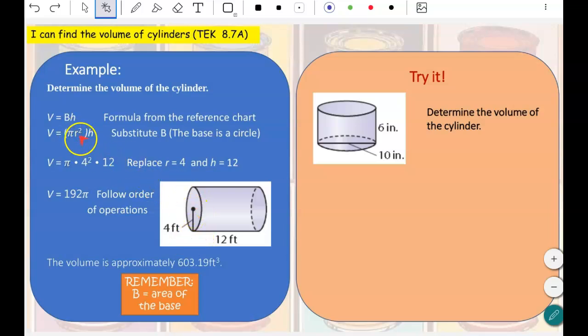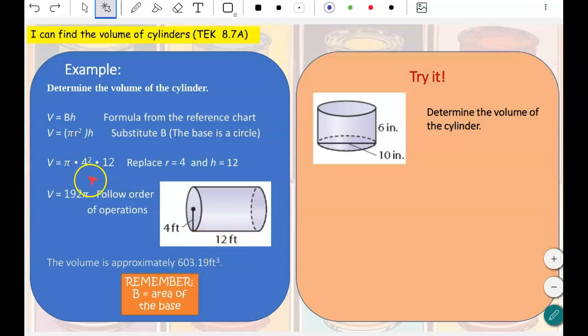The R here is radius. So remember the area of a circle, pi r squared. The R is the radius of the circle, half the distance across. So you put the 4 in for R. It has to be squared. And the height, even though it's on its side, you just pop it up and sit that can on the circle, and now the height is 12.